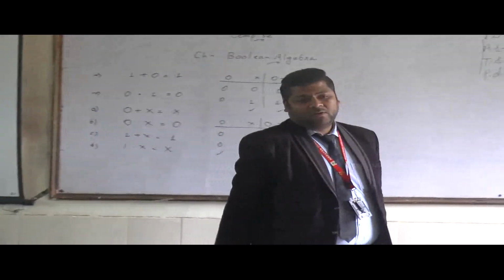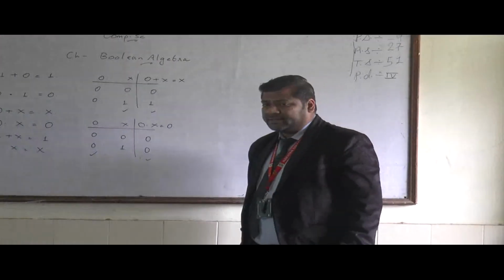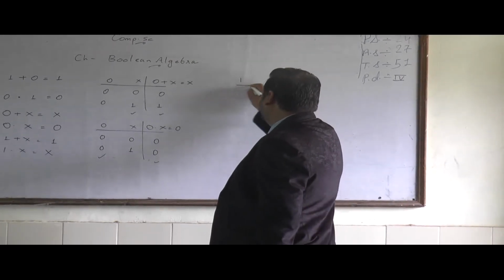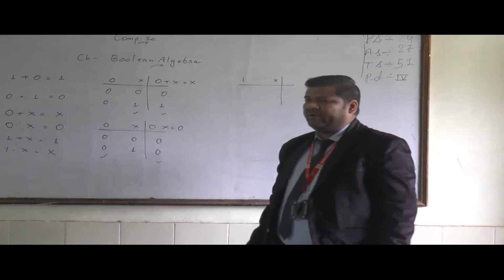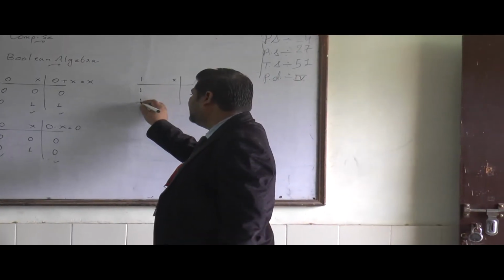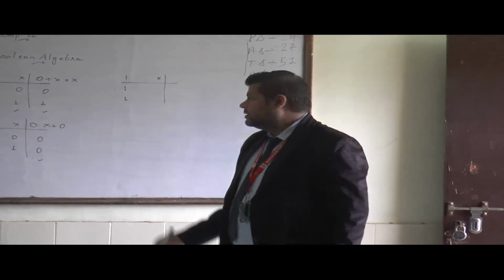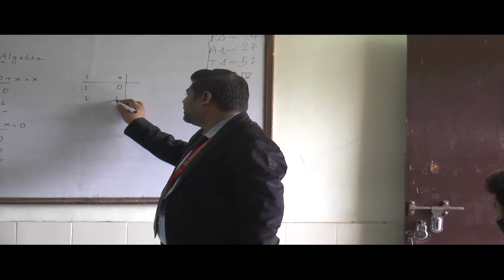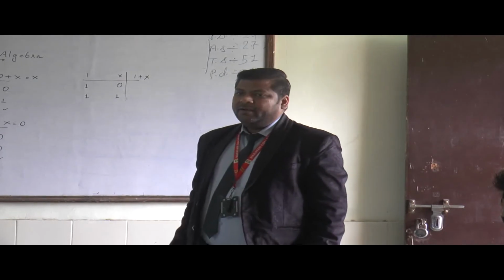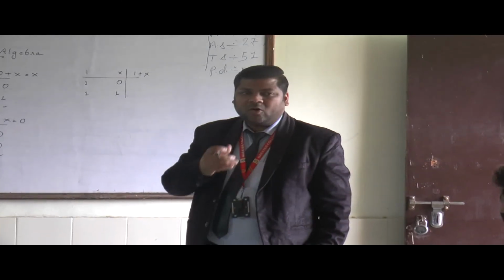Fine. Now the third one, 1 plus x. 1 is a variable or constant? Constant. So it will always remain 1. What about x? 0 and 1. 1 plus x. What does plus indicate? OR.